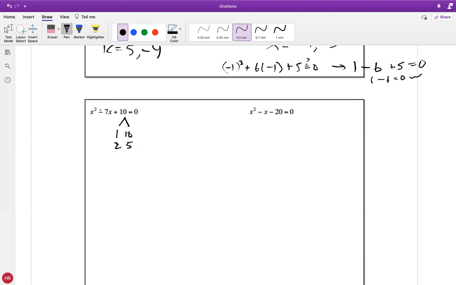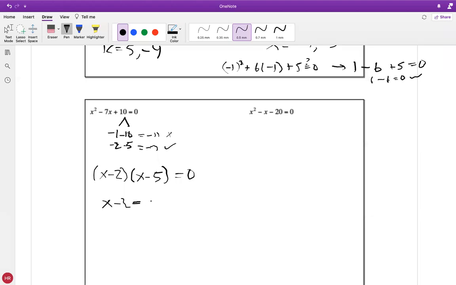Since this is negative, they both have to be negative. So I try -1 and -10, -2 and -5, and I can see this adds up to -11, which doesn't work, but this adds up to -7, which does work. So I'm going to use -2 and -5. Say x minus 2 times x minus 5 equals 0.